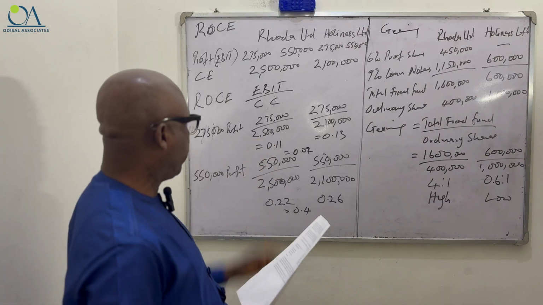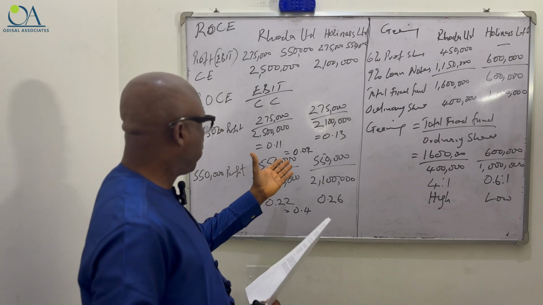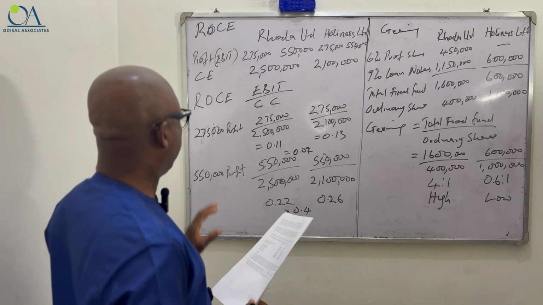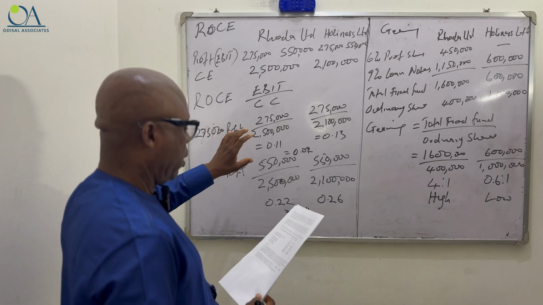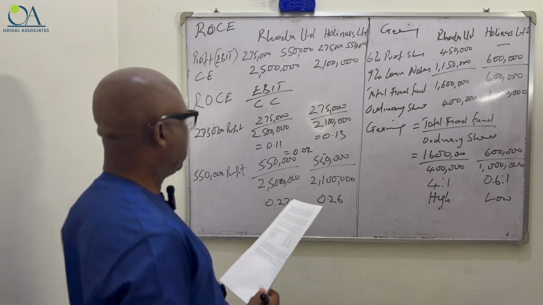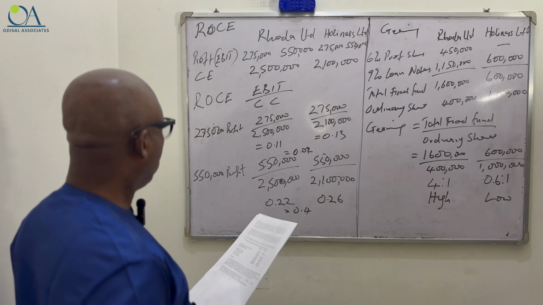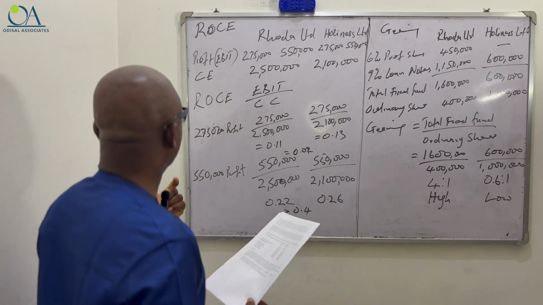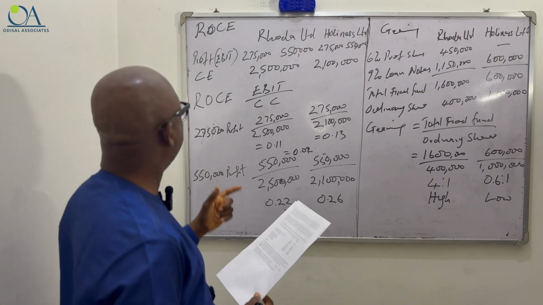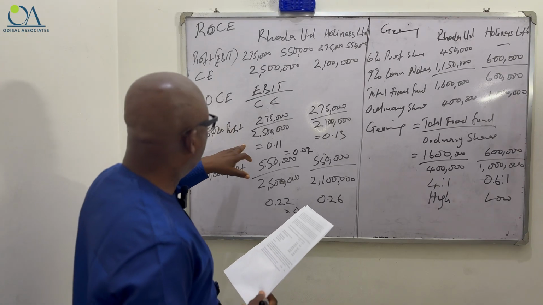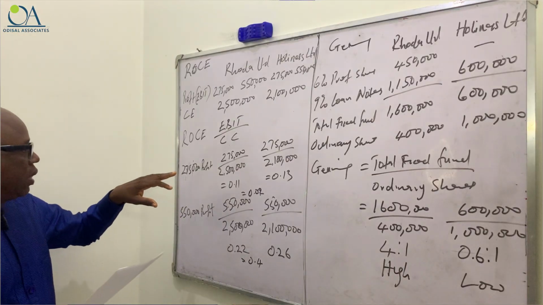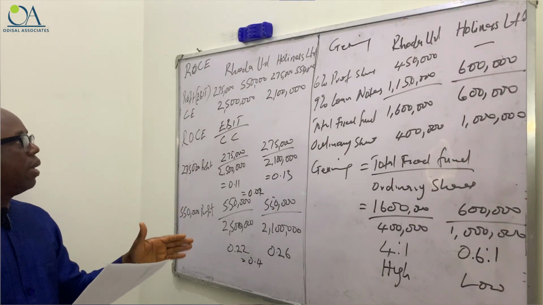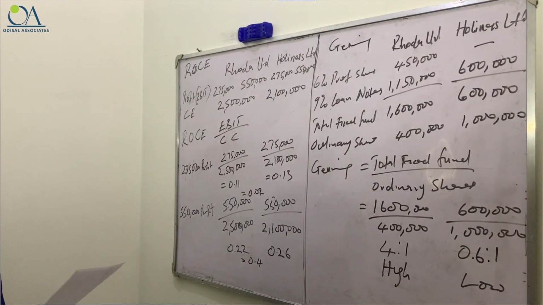If you look at the outcome of it, there is a difference of 0.02%. Now, this company has preference shares and this company does not have preference shares. So, in computing the return on capital employed, the bottom line or the denominator of the company that has a preference share is heavier than the other company that does not have preference shares.